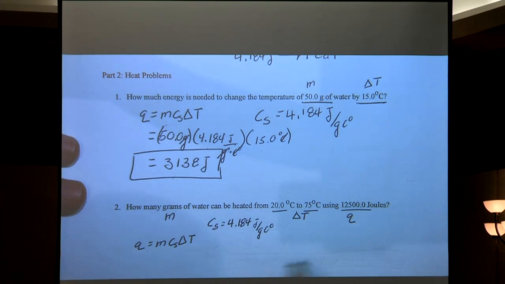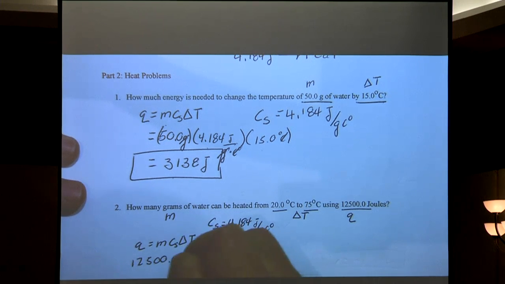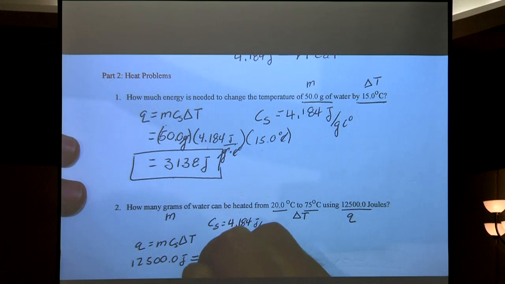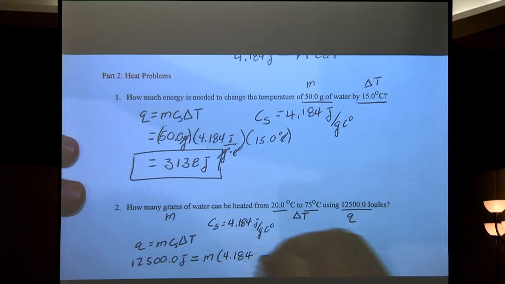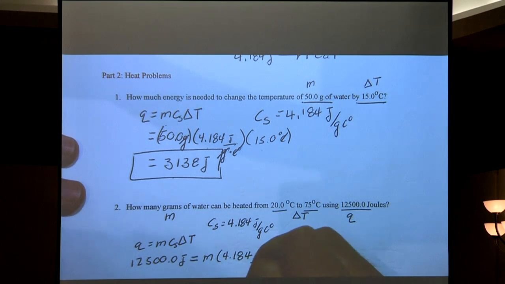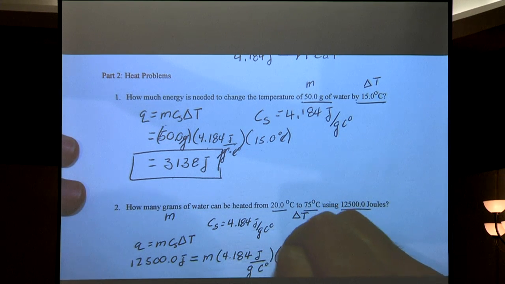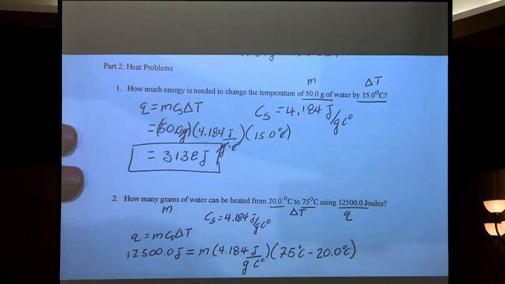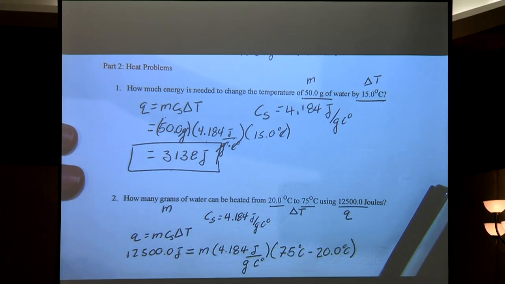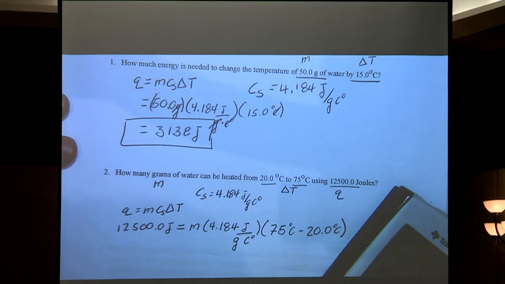All right. So my Q for water is 12500.0 joules equals my M times my CS, 4.184 joules per gram times degrees Celsius, times my delta T, which is my TF, 75 degrees Celsius, minus my TI, which is 20.0 degrees Celsius. Okay, and I'm going to go ahead and just solve for my mass. So I can do 75 minus 20.